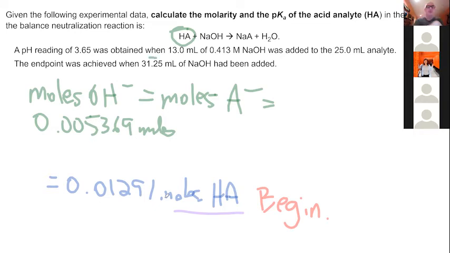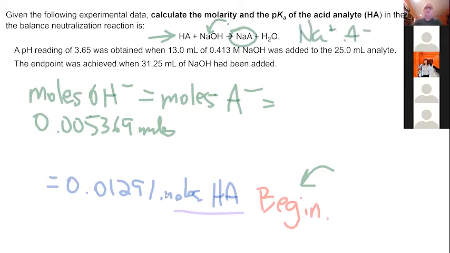So we figured out that with that much base at this concentration, that's how many moles of weak acid must have been there at the beginning. But remember, according to the equation, every time I add a molecule of hydroxide, it removes a molecule of weak acid and creates a molecule of A minus.